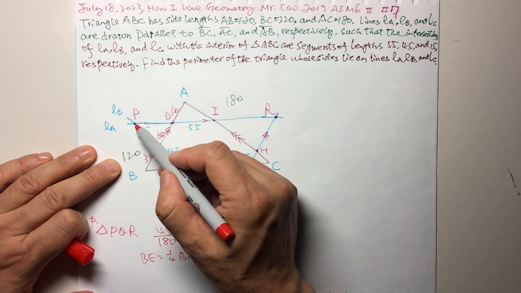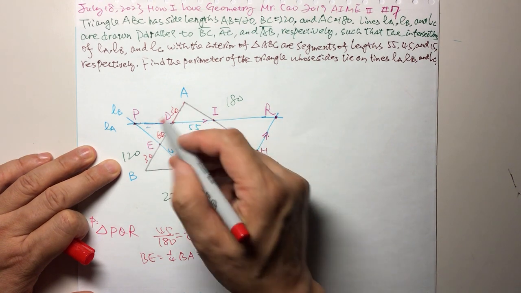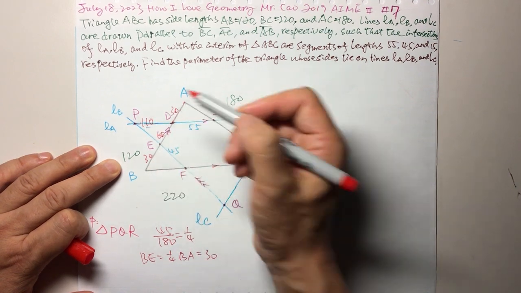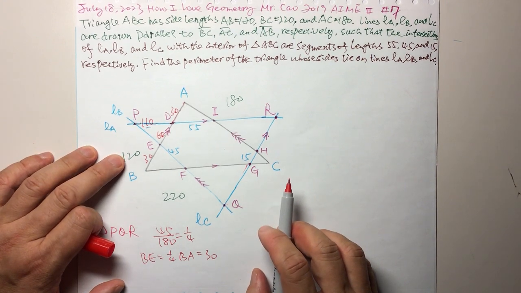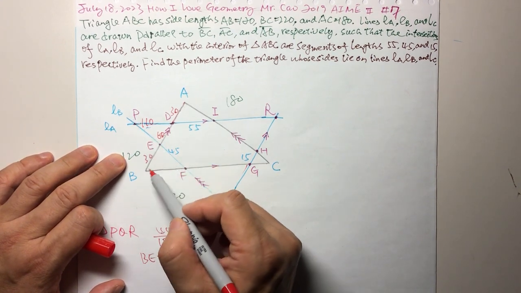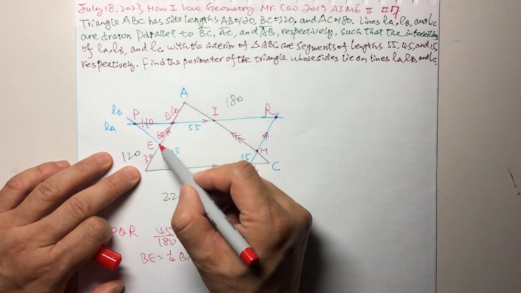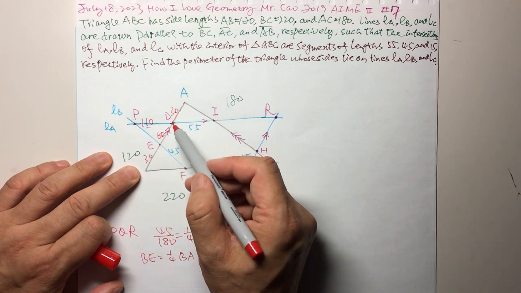So PD must be 2 times DI, and 2 times 55 is 110. Okay, and how can we get this one? We can use this triangle, similar to this one, and we know the ratio is 1 to 4.